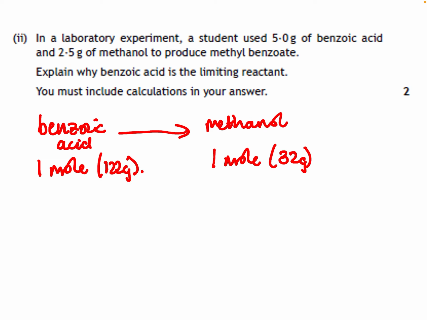So let's work out the number of moles for each. It's 5 divided by 122. Let's work out the number of moles of this.